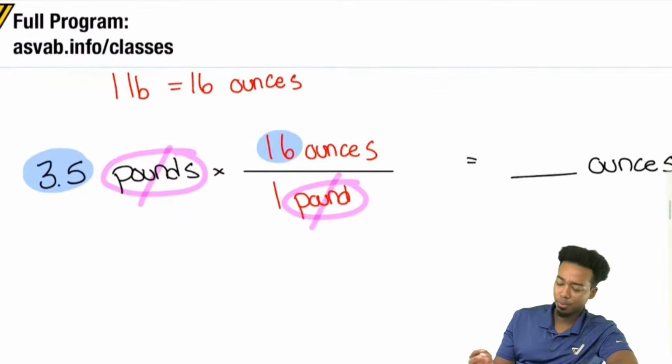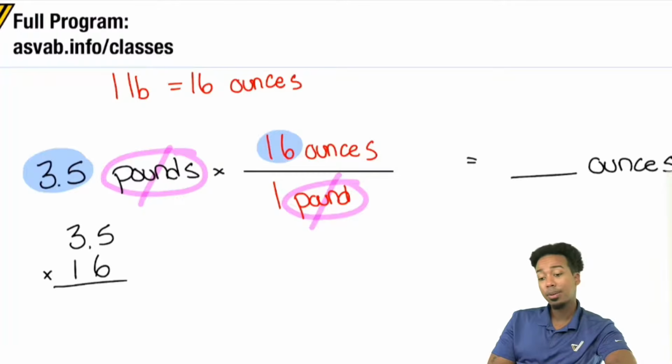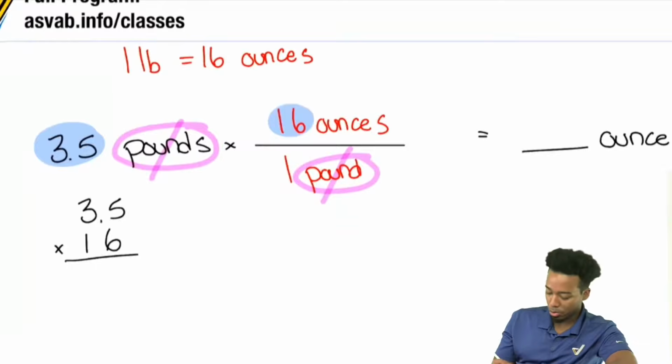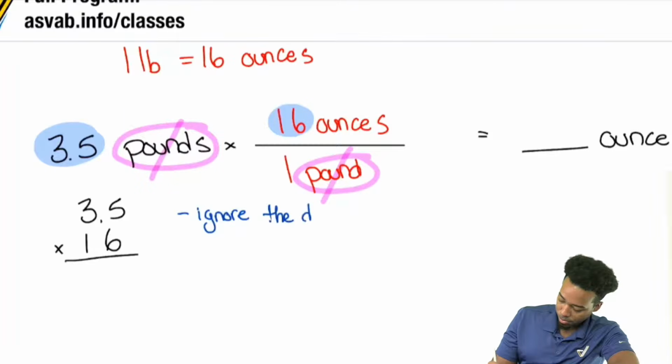Now the only tough part is, what's 3.5 multiplied by 16? Let's get the job done. What's the rule with decimals? Remember, the rule with decimals is ignore the decimals, and then bring them back at the end.